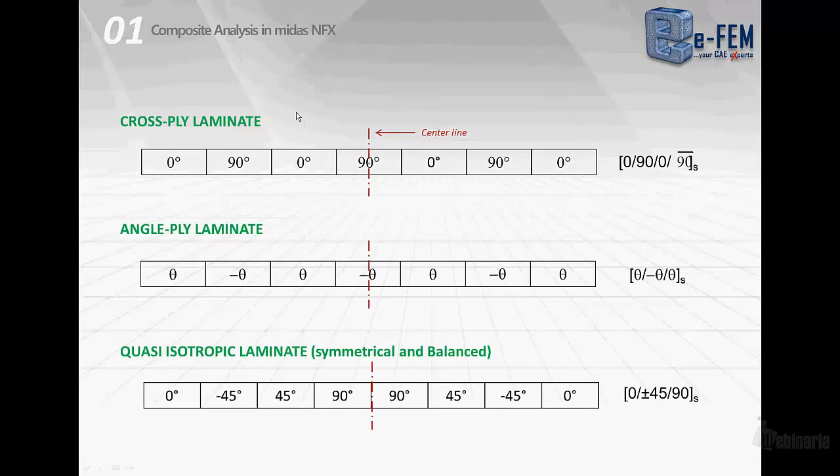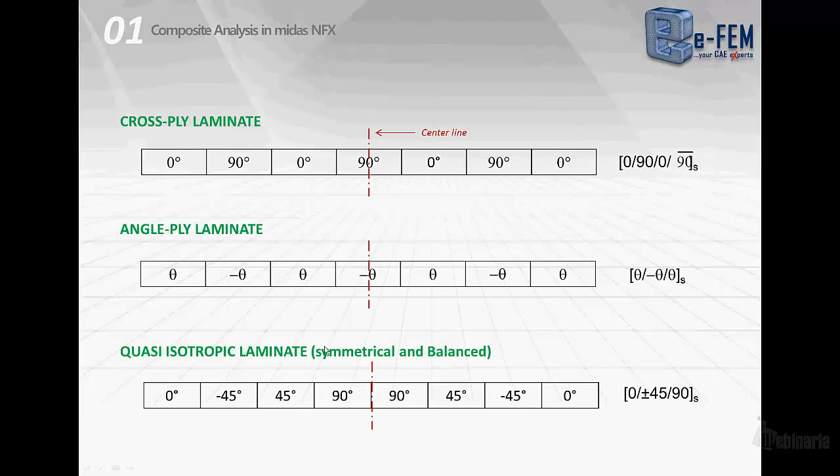Moreover, if we consider some particular angles, we can define a cross-ply laminate that is made of 0, 90 plies, and we can have the angle ply laminate when we have a single angle that is repeated plus minus through the thickness.